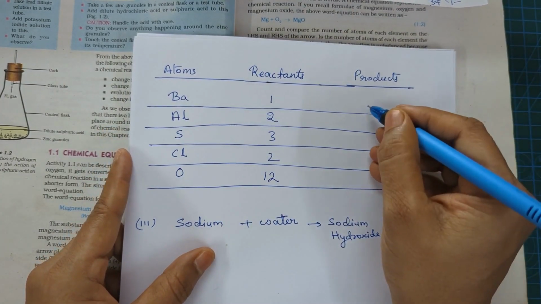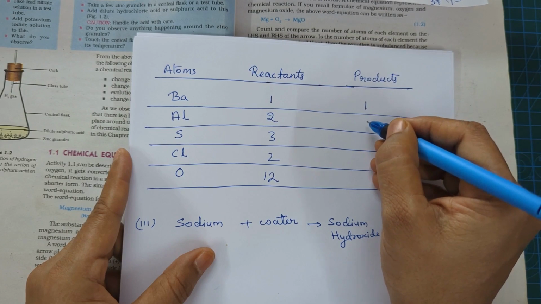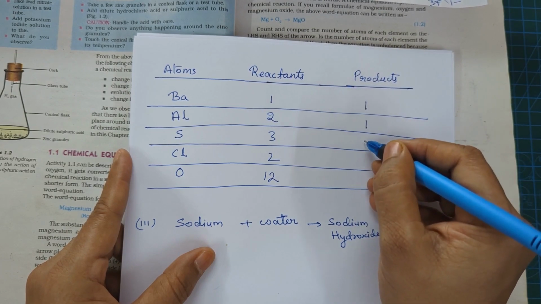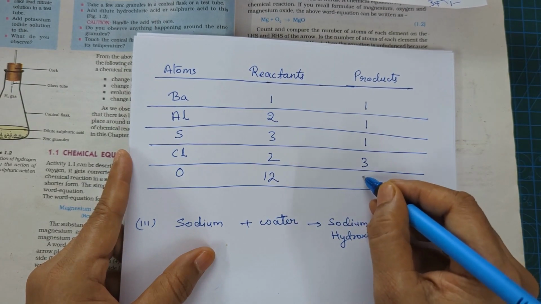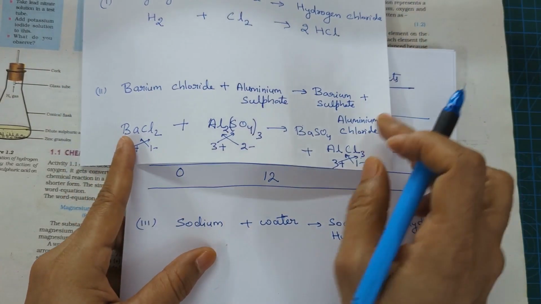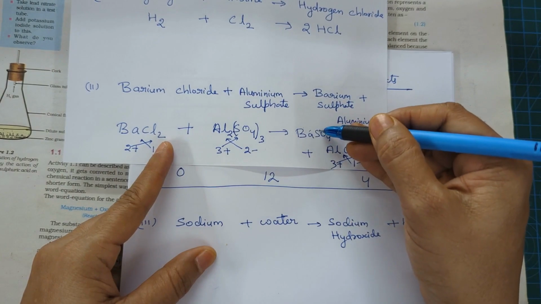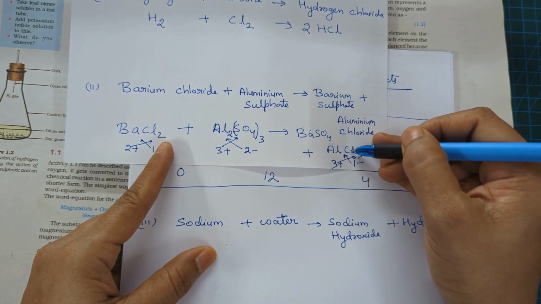On the product side, barium is 1, aluminium is 1, sulfur 1, chloride 3, oxygen 4.